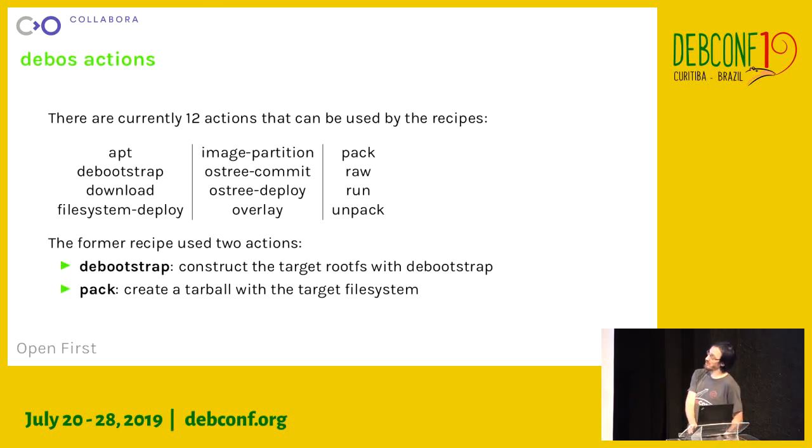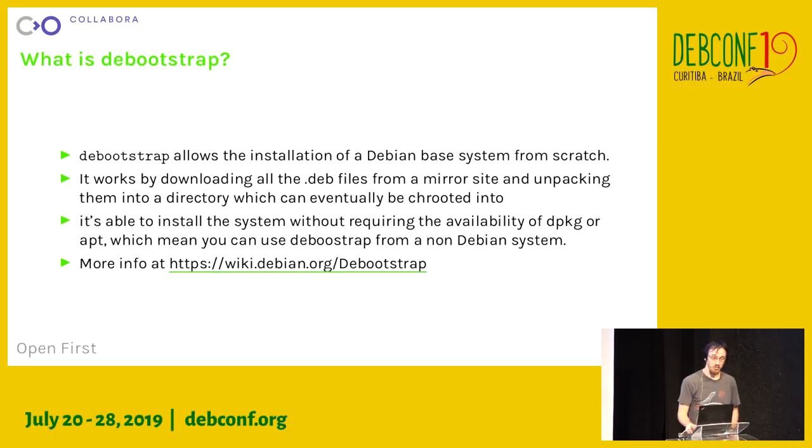So in Debos there are currently 12 different actions. We used 2 of the actions in the example we had before. So debootstrap, in case someone doesn't know what it is, there was a talk by Hideki Amane a couple of hours ago, is a tool which creates a root file system of Debian, given a list of packages.